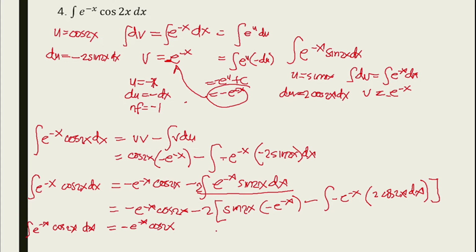So negative 2, and this is negative, negative, and this is plus 2 sine, e raised to negative x sine 2x, and this will become plus the integral of e raised to negative x cos 2x dx.